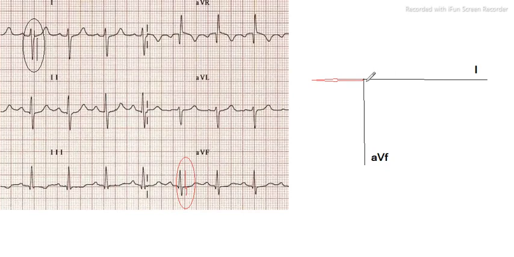So the vector direction will be going towards here. When we draw this in AVF, this vector will be moving downward. However, the magnitude in AVF will be less because the resultant vector is lesser in comparison to the resultant vector in lead 1. So it will be slightly smaller.